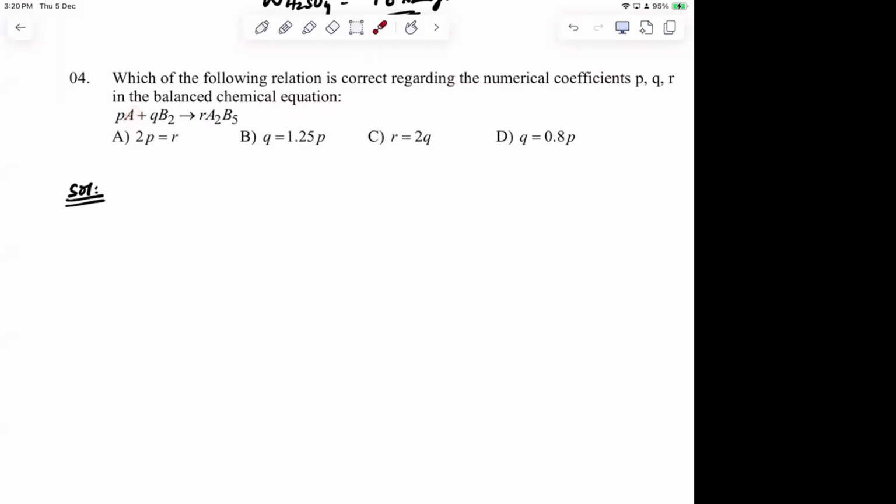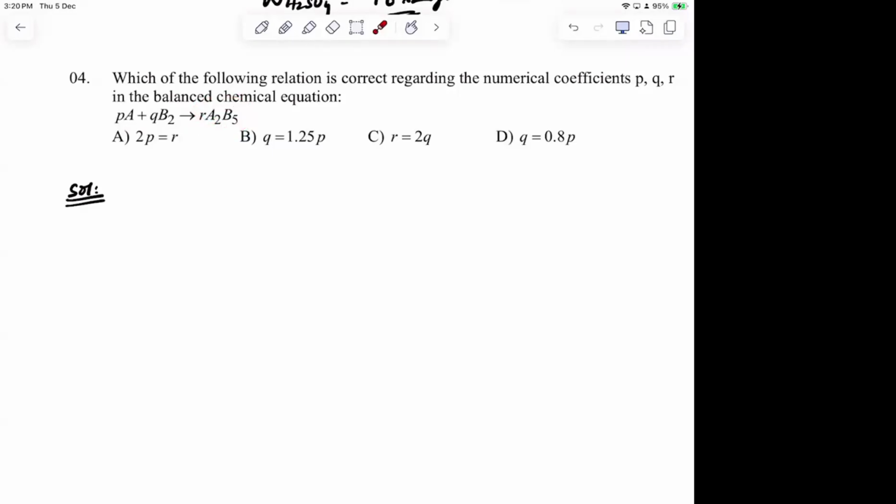And remember, when it comes to these coefficients, because this value is already given to us, we can directly do this. A2B5 is given here, so Q will be equal to 5 by 2. That is one we can use. And P is equal to 2R. Correct? So that is a relation we could already have.